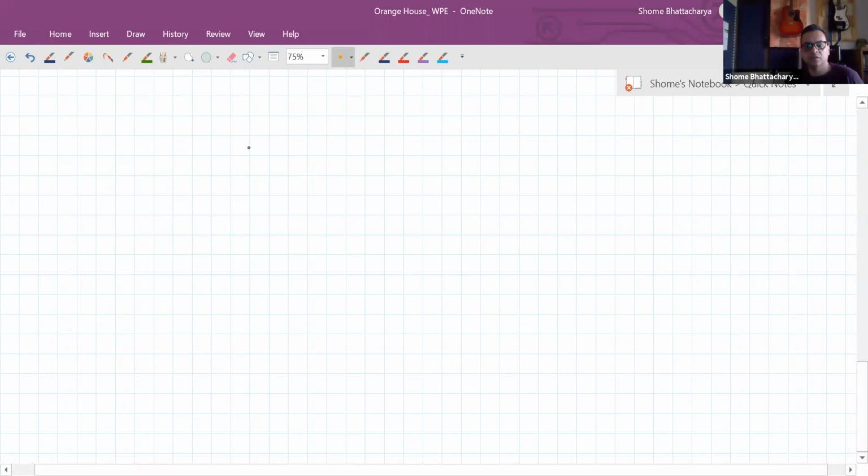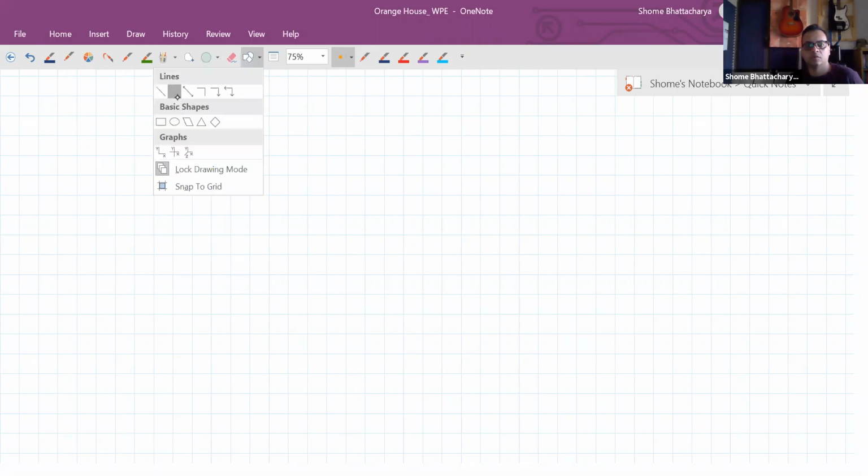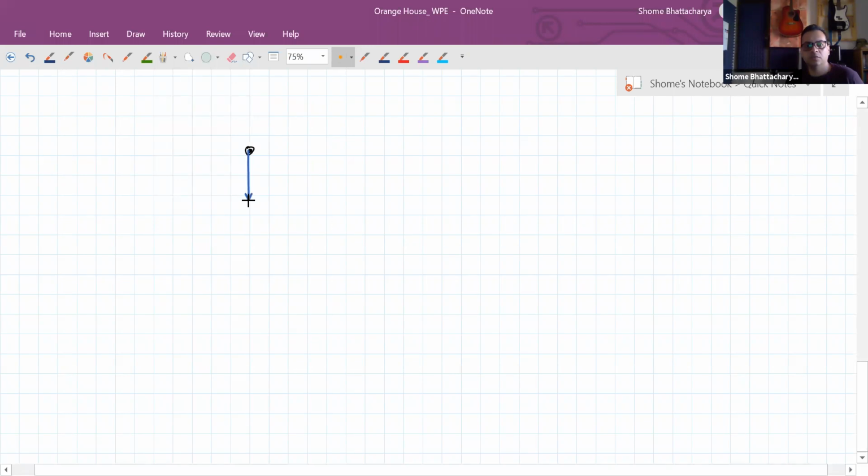There is the weight of the body. There is F2, there is F1, there is normal reaction, and there is friction. These are all the forces which are acting.